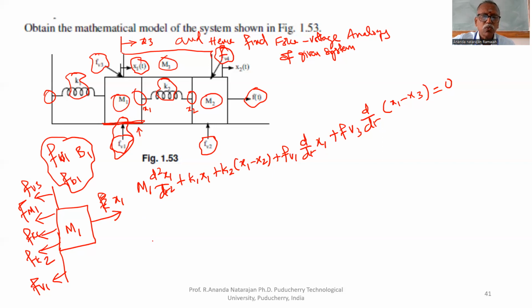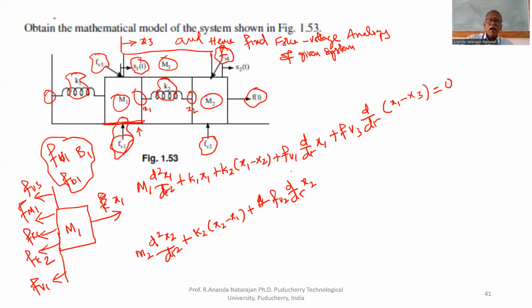Similarly, if you write for M2: M2 d square x2 by dt square plus, because of K2, (x2 minus x1), because of Fv2, d upon dt of x2, plus because of Fv4, d upon dt of (x2 minus x3).